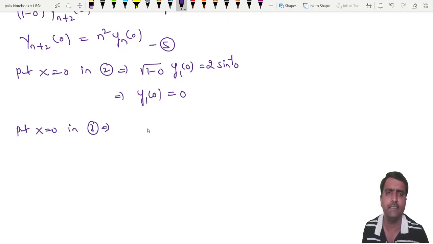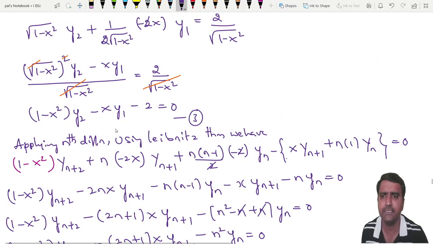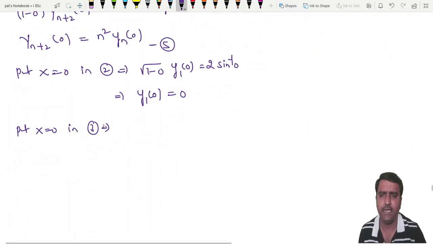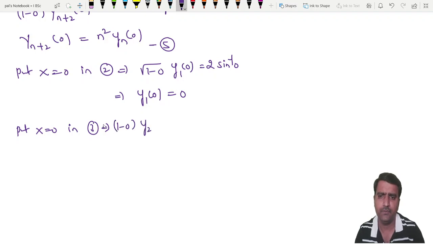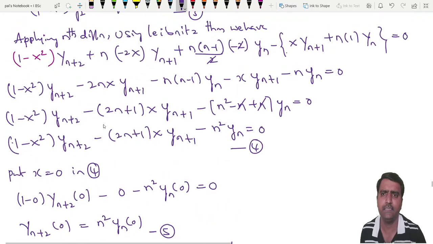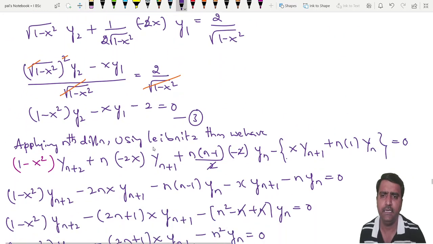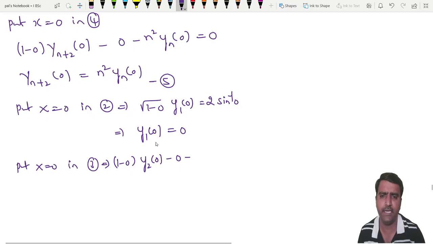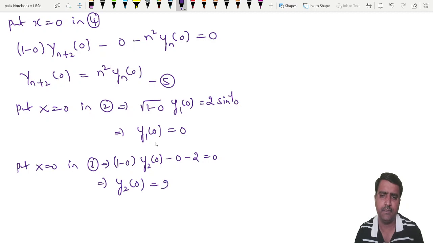Then it is 1 minus 0 into y2 of 0 minus x into y1 of 0, which becomes 0 with x equal to 0, and minus 2 in the last term remains, minus 2 is equal to 0. So then which implies that y2 of 0 is equal to 2.